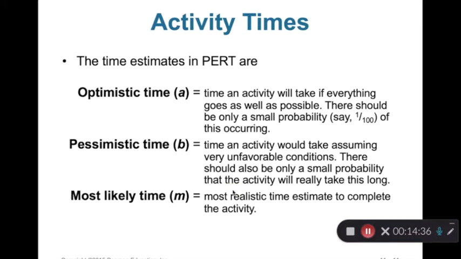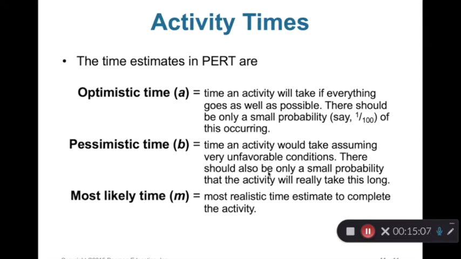Right here, you can see there are three time estimates in this part. The first one is optimistic time, the time an activity will take if everything goes as well as possible. There should be only a small probability of this occurring. The pessimistic time is the time an activity would take assuming very unfavorable conditions.